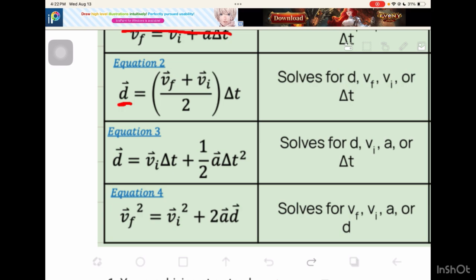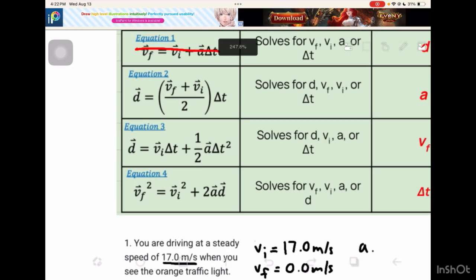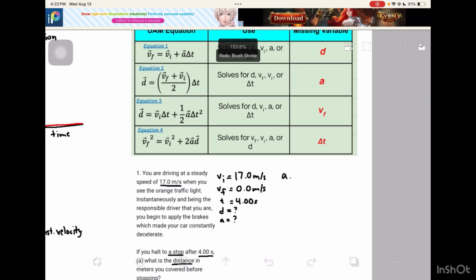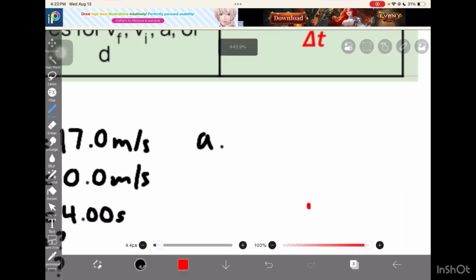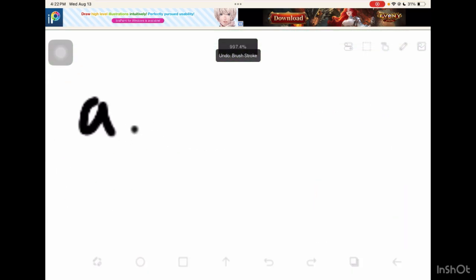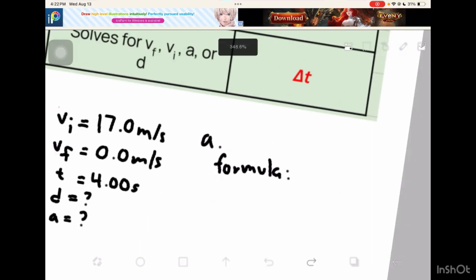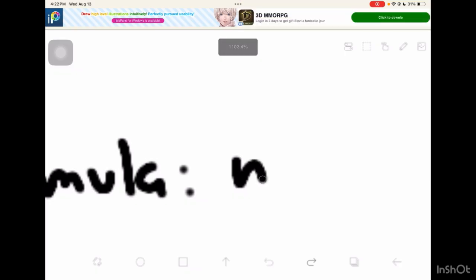We are given v sub f, we are given v sub I, and we also have delta t, which means this is the correct one to use. So in this case, the formula to use is going to be number 2.